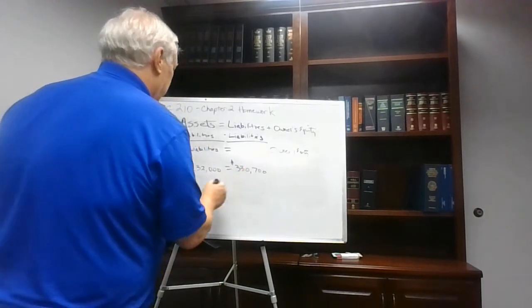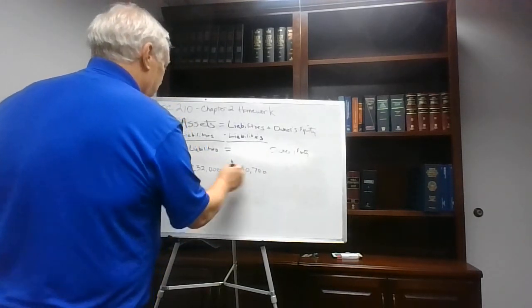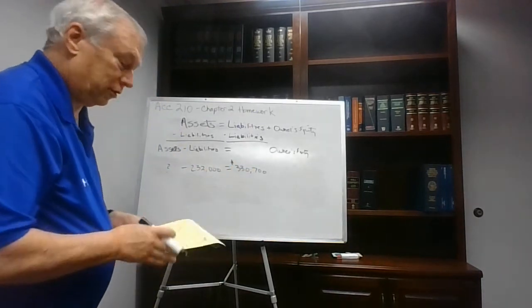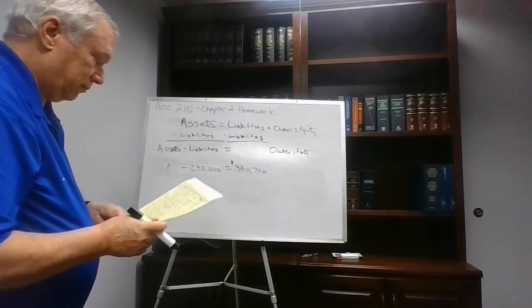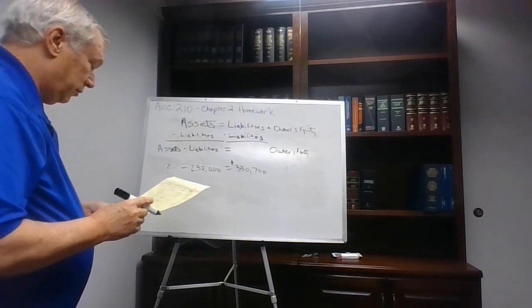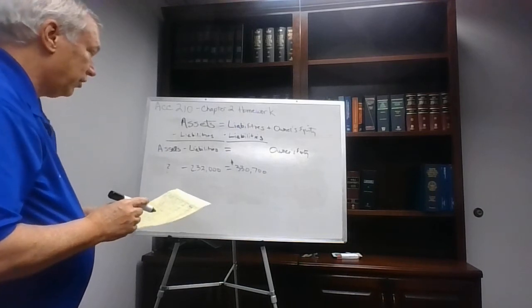So assets minus liabilities equals owner's equity, and this is the fourth one in exercise 3A. So how do you solve this?